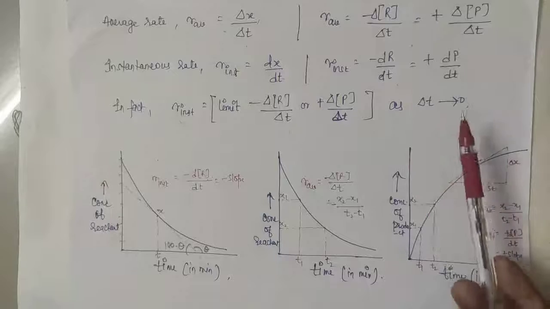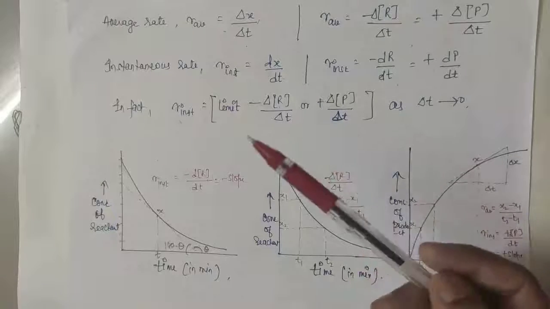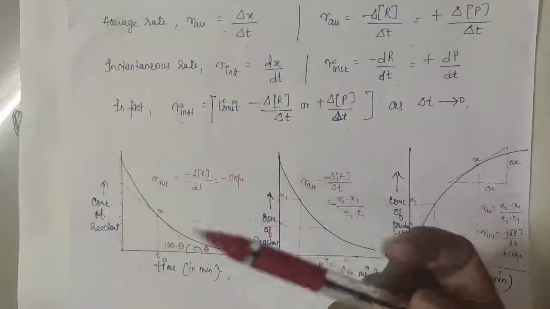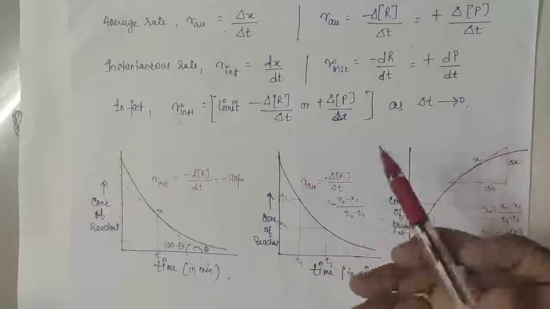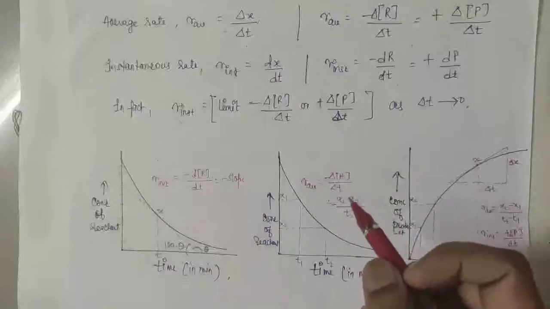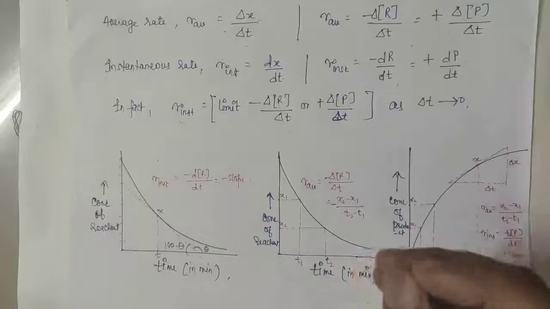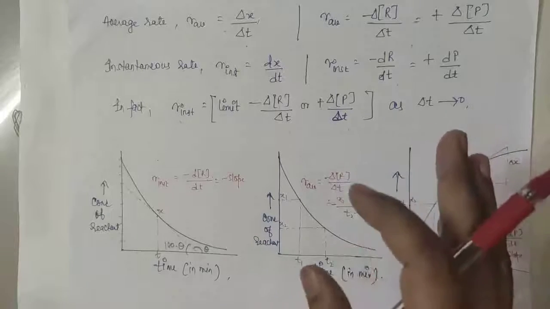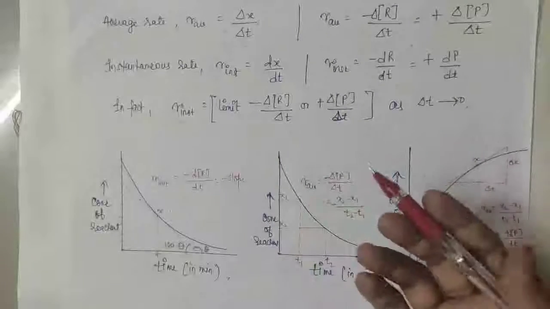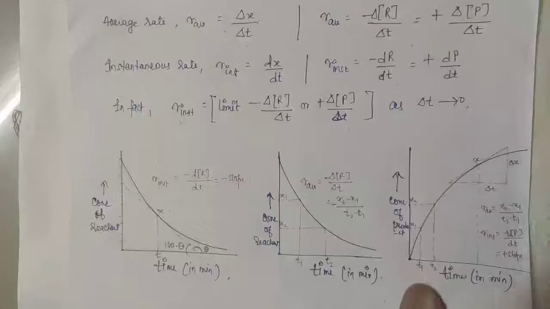Now, how are these rates actually measured? In order to measure the rate of the reaction, the progress of the reaction is followed by studying the concentration of any one of the reactants or products at different intervals of time.